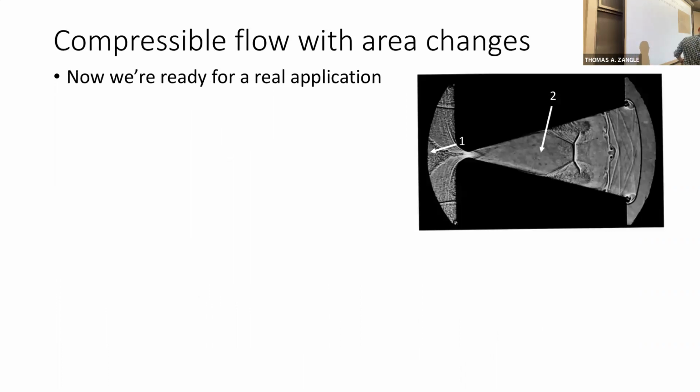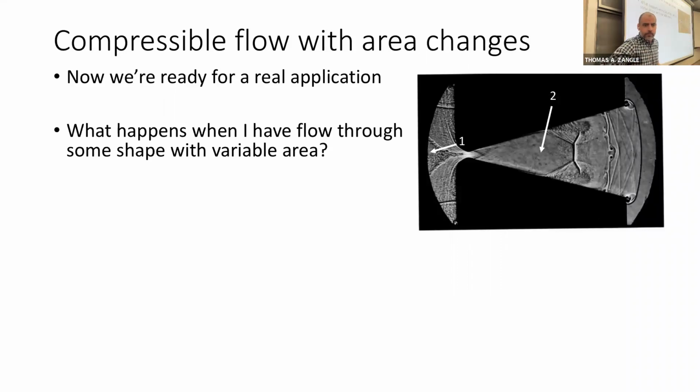All right, so we've been alluding to this throughout the class, but now we're ready to start applying this to a real application, and this is to look at compressible flow with area changes. A big question here is what happens if I have flow through some shape where the area varies?